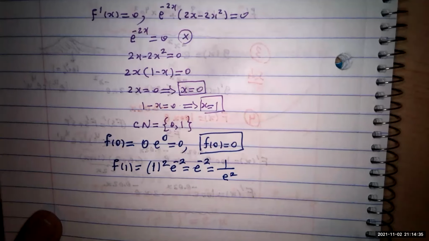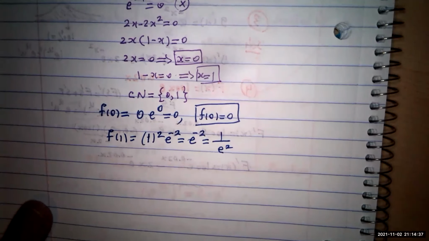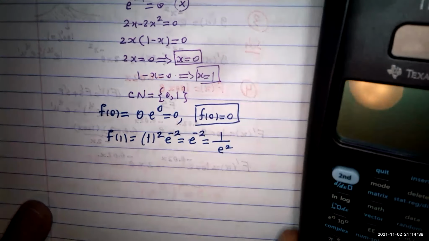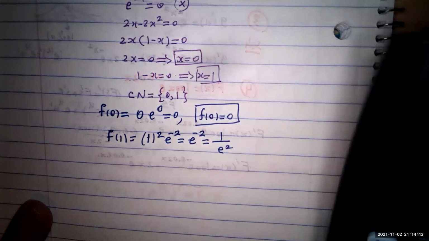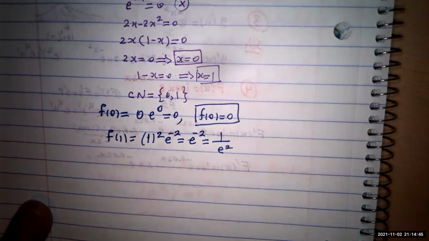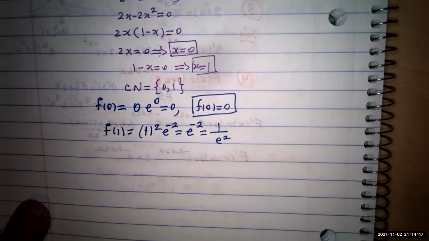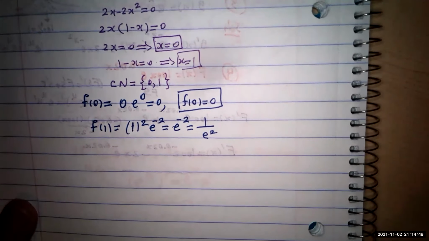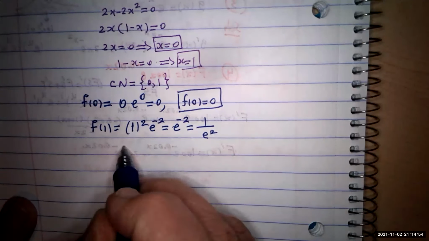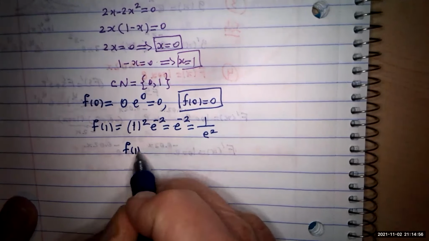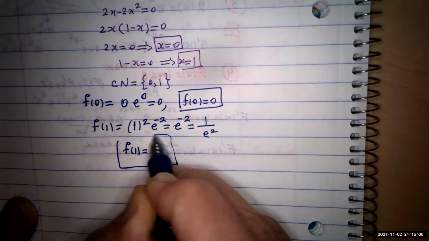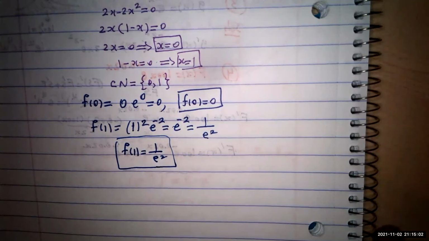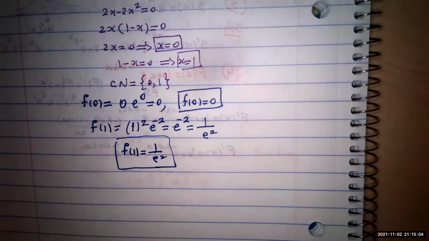You can use your calculator and find it as I talk, or just leave it as is. We accept both of them. If it's a problem about dollars, miles, or gallons, then we find it. But for this problem, we don't need it. So that gives 1 over e squared. Any question? So these are going to be your critical values.